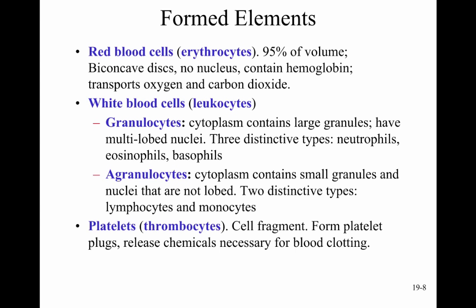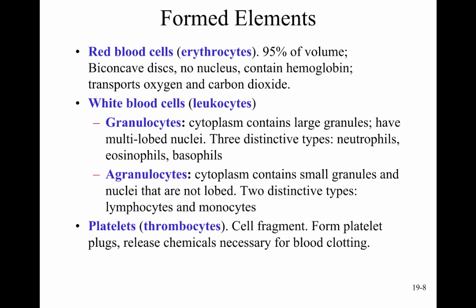They actually have no nucleus, so in their formation they get rid of their nucleus, which means that they do not live very long. They contain hemoglobin. Hemoglobin is very important to oxygen carrying. It's the oxygen carrying molecule, and it will also transport carbon dioxide to be released.